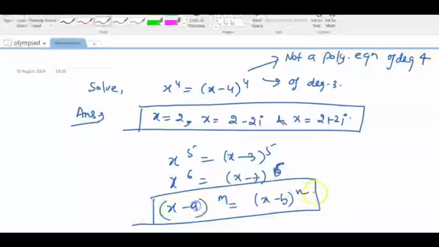Anything with this method, you can solve a very general expansion problem also. So hope this is clear and you understood the method to solve the equation. So it is not just about solving the question. You should also know the details of the questions and how you should not do a solution.